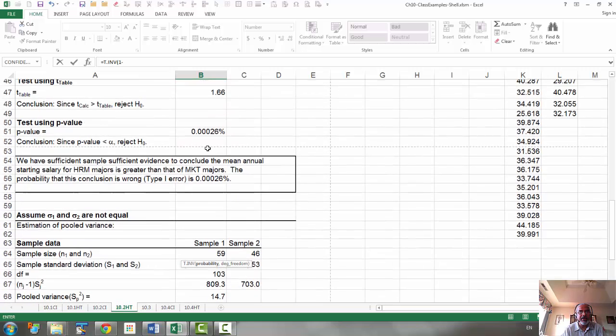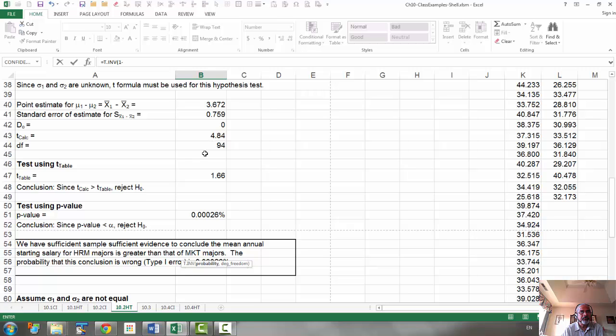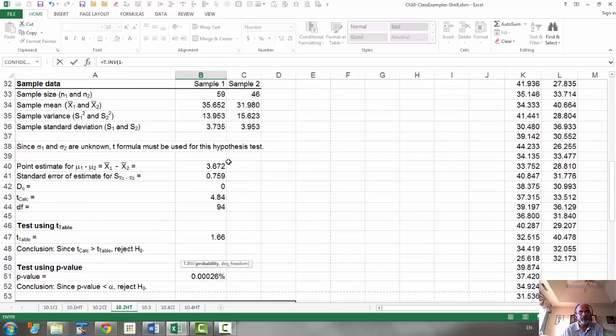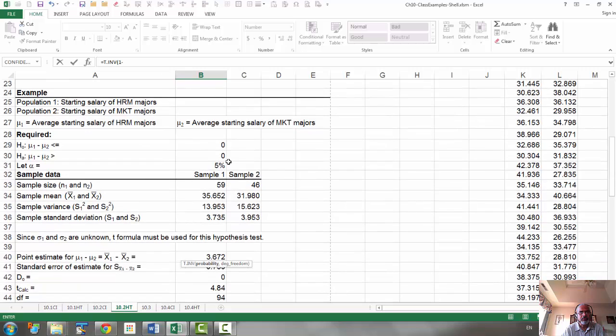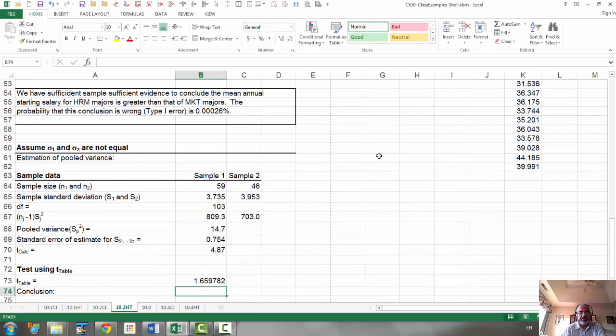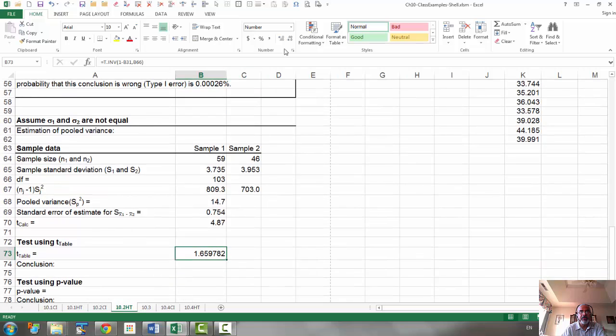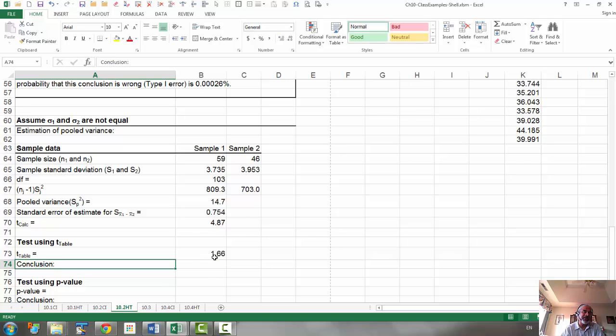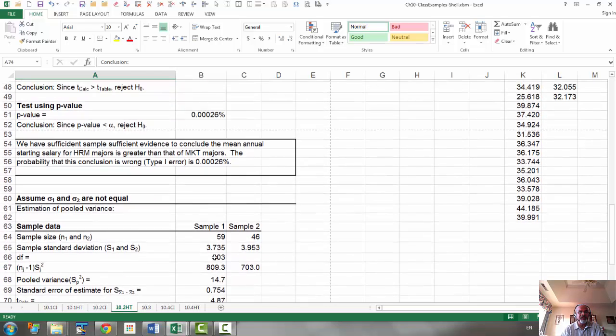It is 1 minus alpha, comma, the degrees of freedom, which this time is 103. So that's our t-table value. The conclusion is, since our t-calc is greater than the t-table value, we reject the null hypothesis. It's exactly the same as before, but with a slightly different t-value.